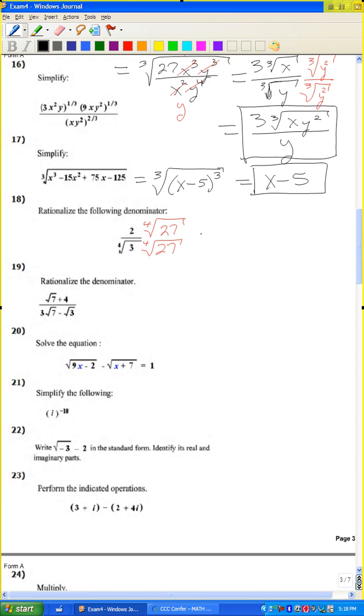And so this is equal to 2 times the fourth root of 27 over 3 times 27, 81. The fourth root of 81 is 3. And that is your answer.